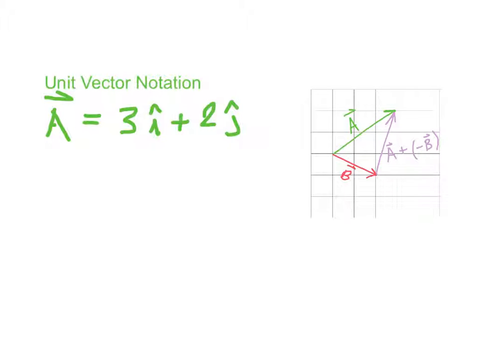That is to say 3 units to the right and 2 units up. Vector B, it looks like it's got 2 units to the right and 1 unit down.